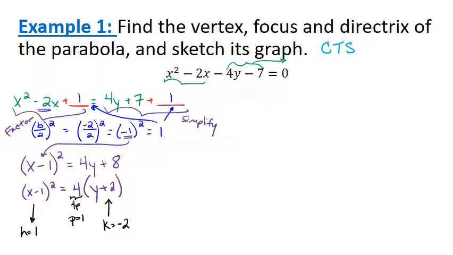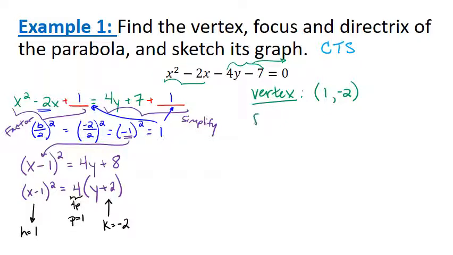Now I pretty much have everything that I need to find the items that have been requested of us. The first thing we are asked to find is the vertex of this parabola. Remember, the vertex is where the line changes direction. So the vertex again is (h, k). We already have determined that h is 1, k is negative 2.